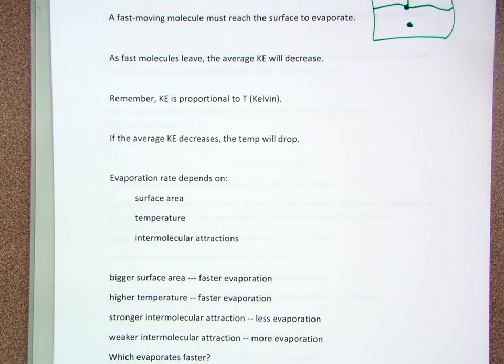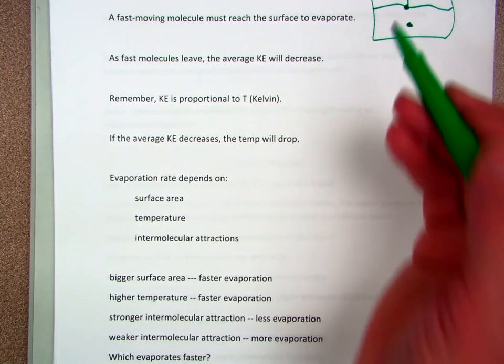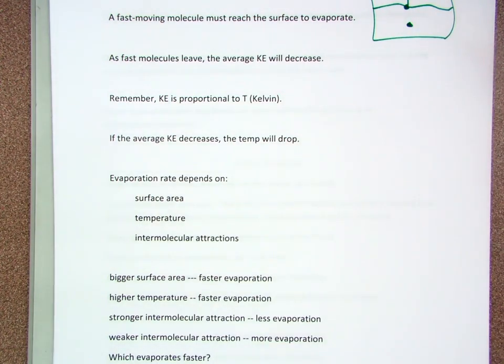So when we're talking about evaporation, as fast-moving molecules get to the surface, the kinetic energy of the whole system drops, and as the kinetic energy of the system drops, the temperature drops, because temperature is proportional to the average kinetic energy. So when all the fast-moving molecules are leaving, the kinetic energy goes down, and then the temperature goes down.